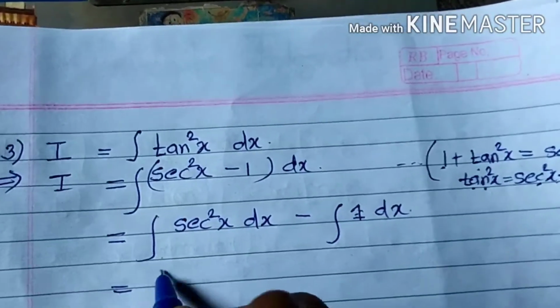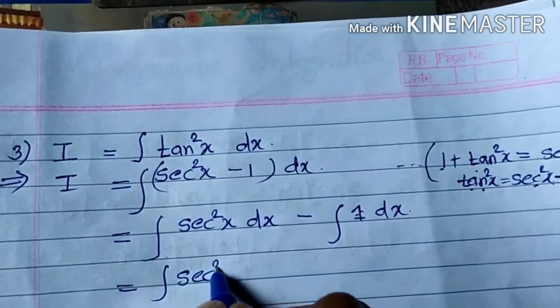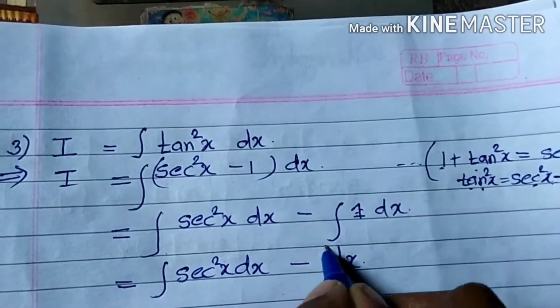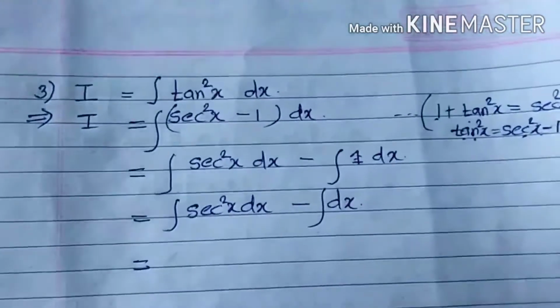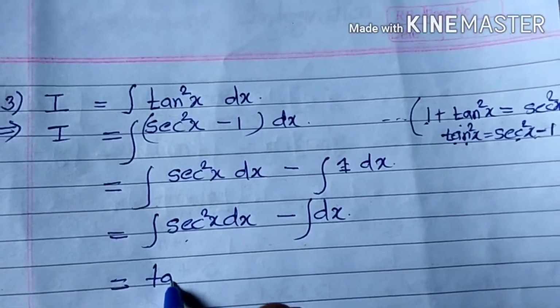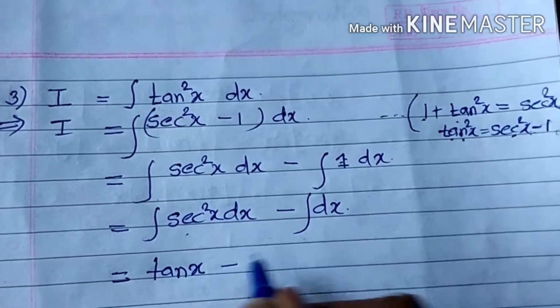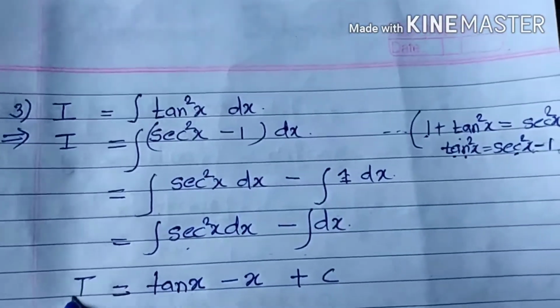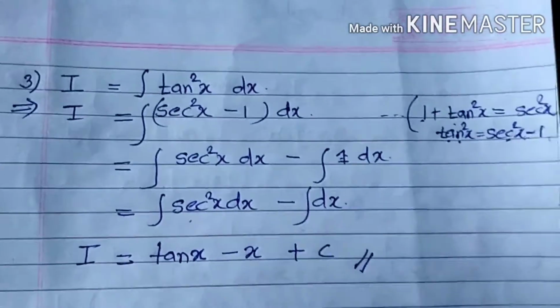So it is like that, integration of sec squared x dx minus dx, since 1 into dx is dx. Now we know that integration of sec squared x is tan x and integration of dx is x plus c. So this is your answer.